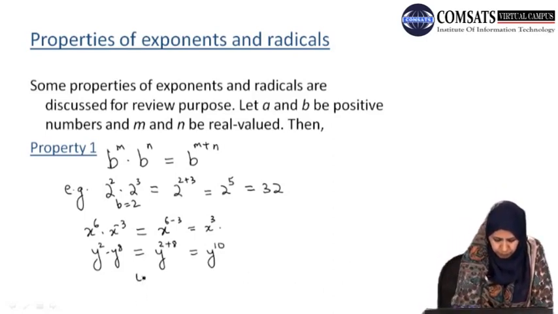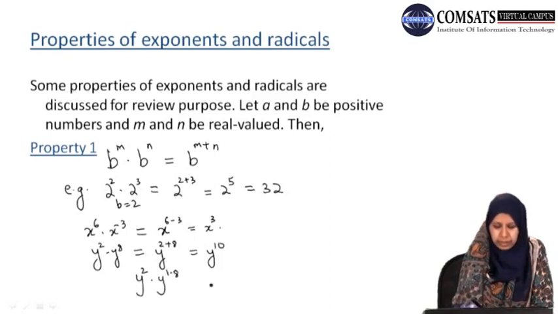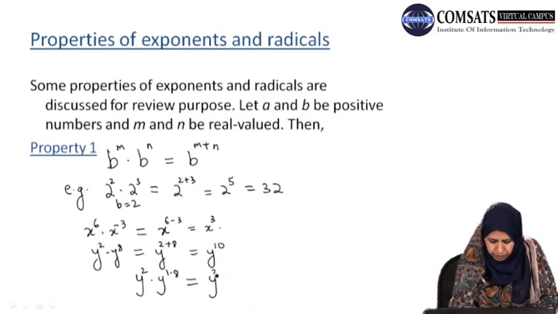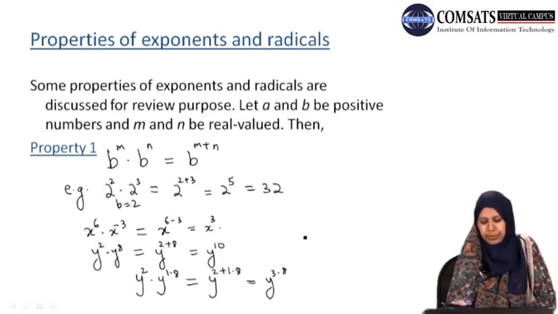Or if we have a base y square into y to the power 1.8, what we will do, we will simply write it in the same base with the powers added, that is 2 plus 1.8, which is y to the power 3.8.